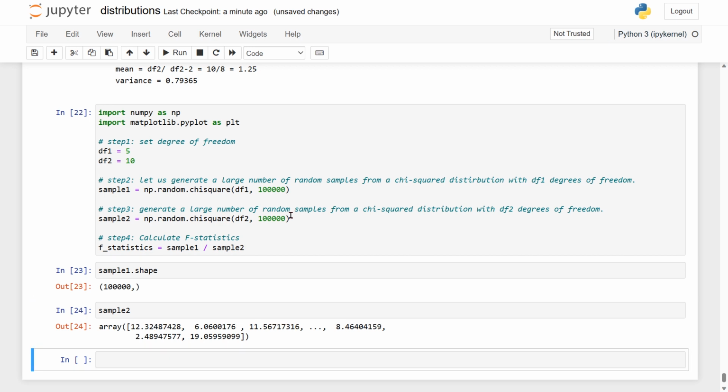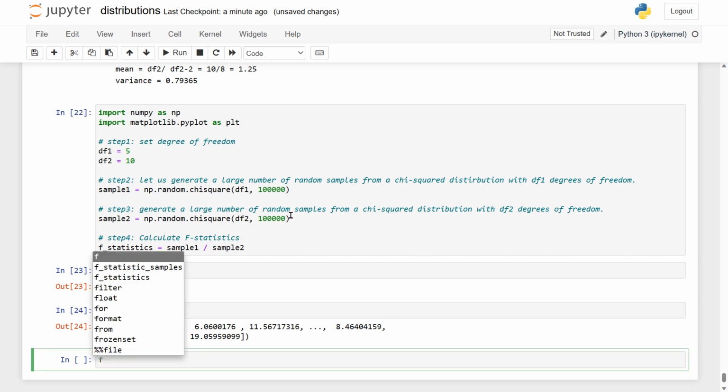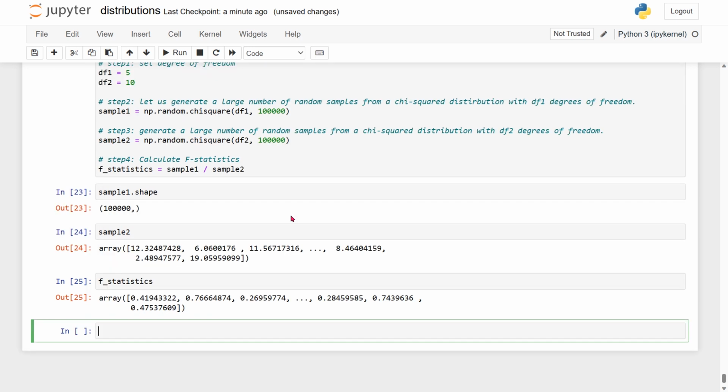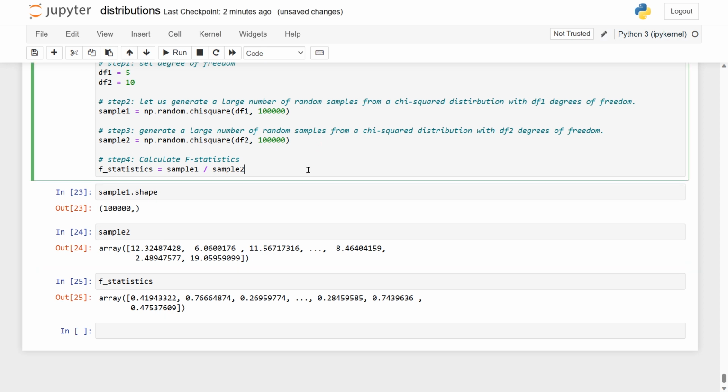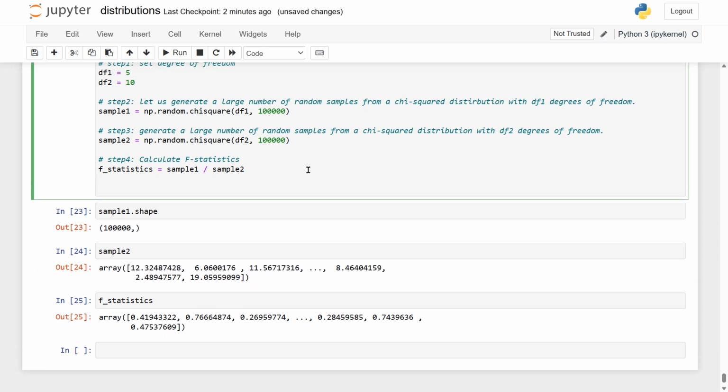And now I'm going to show you f_statistics. These are all f statistics. You see that? 0.41, 0.76, 0.26. These are all f statistics for each corresponding chi-square statistic of the samples from group A as well as group B. That's it. Your f statistic is ready.